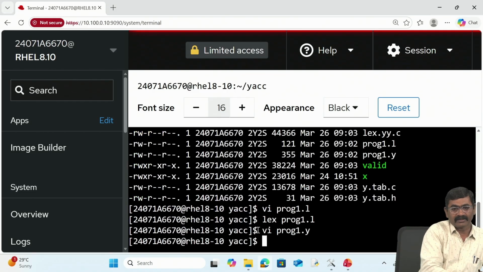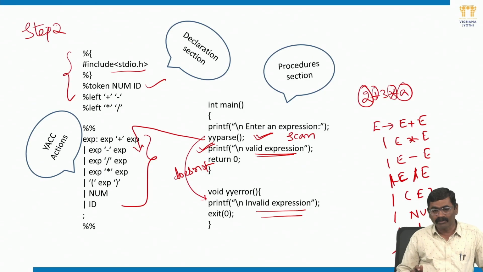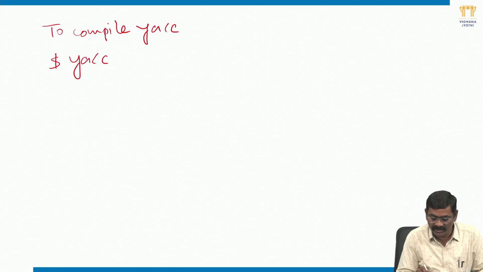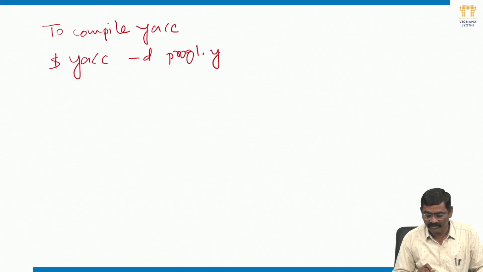After that, let us compile this program. To compile a YACC program, we use the command yacc -d program1.y.